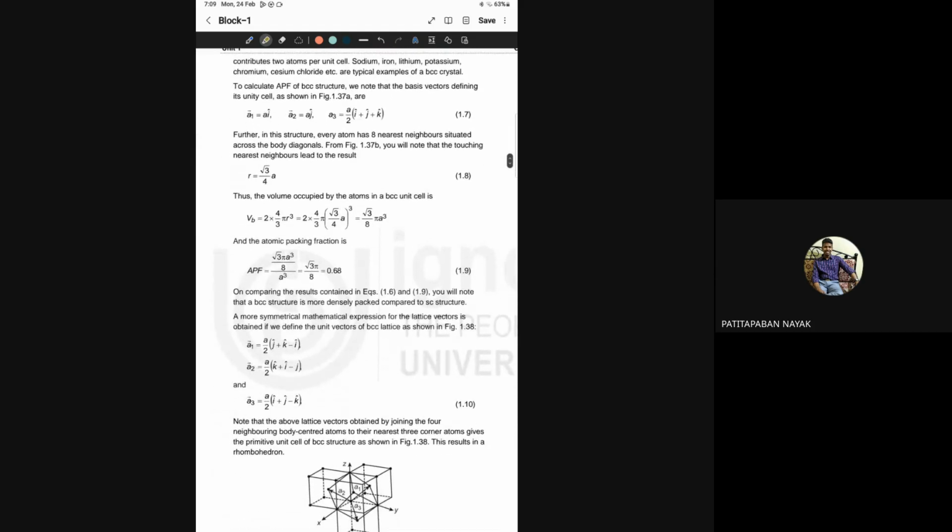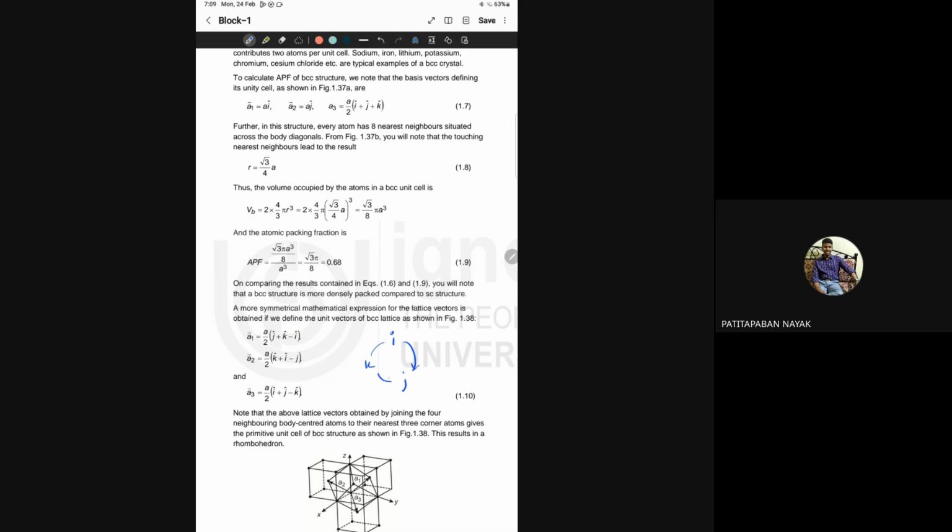It is shown here. A1 is equal to A by 2, J cap plus K cap. So I cap, J cap, K cap.